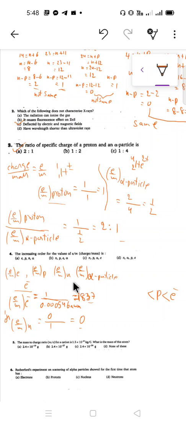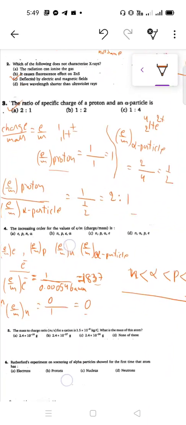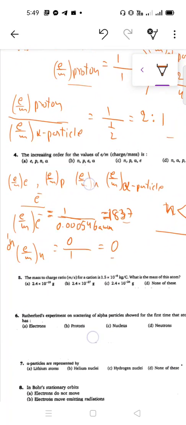Next, alpha particle is 1 by 2. Next one is neutron, which has 0. So this is the way you can expect E by M value increasing order. Let us do another question like this.